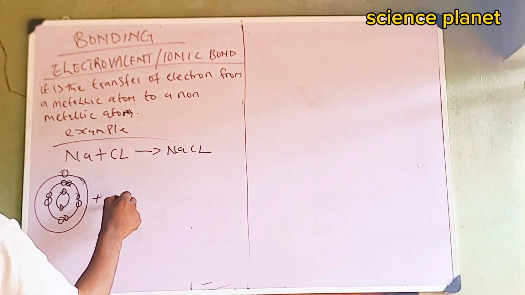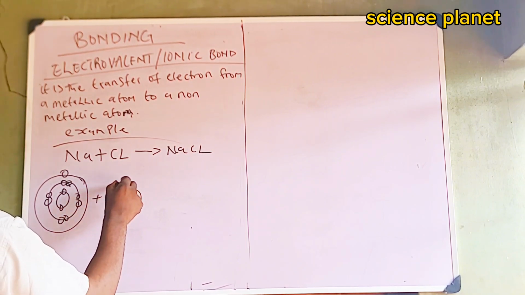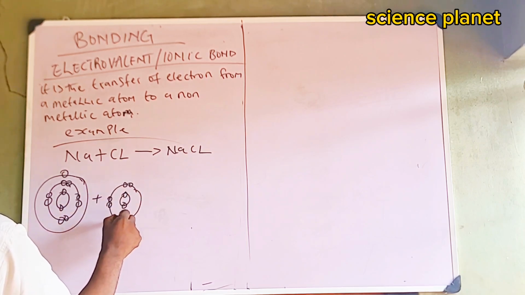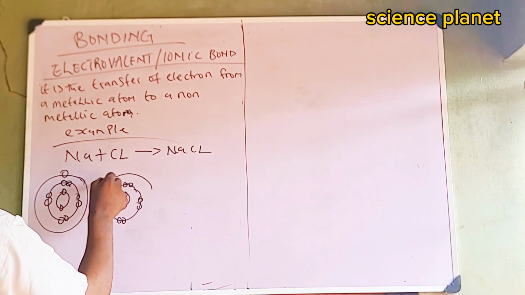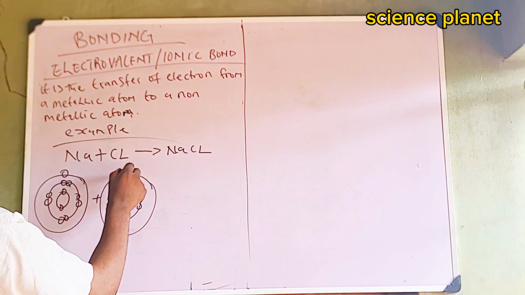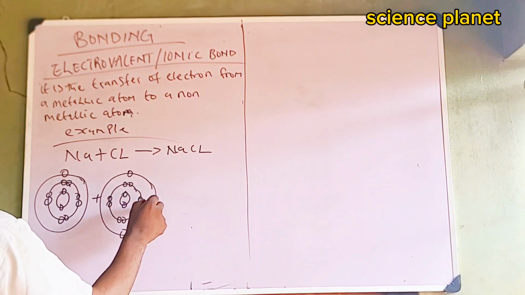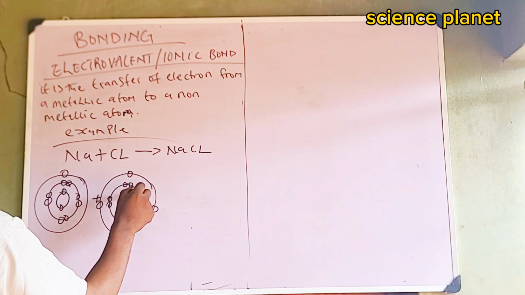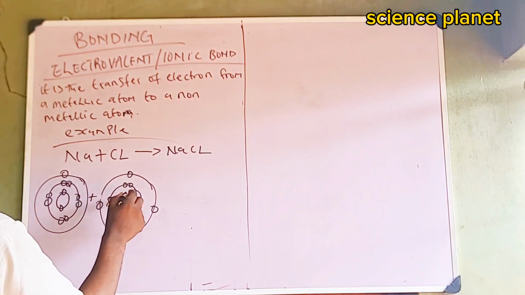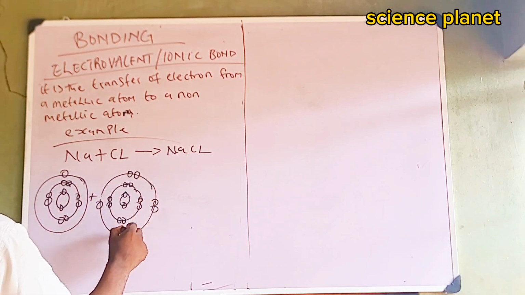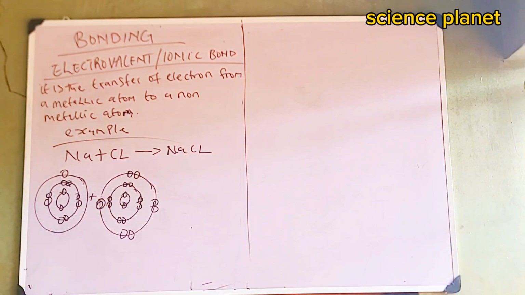Let's draw our chlorine. If you look at these two atoms, sodium has just one valence electron and chlorine has 7 valence electrons.